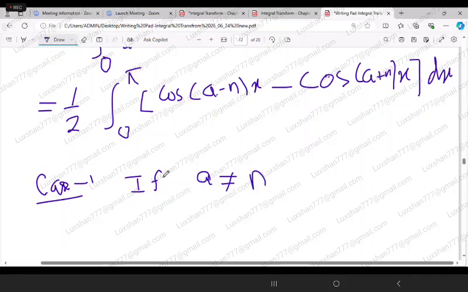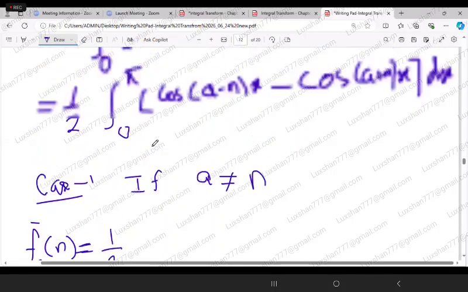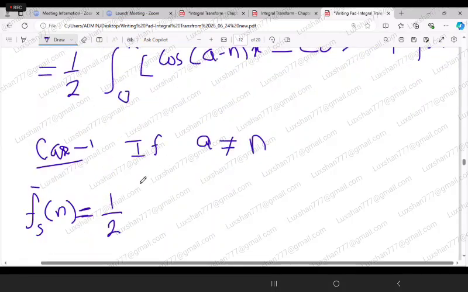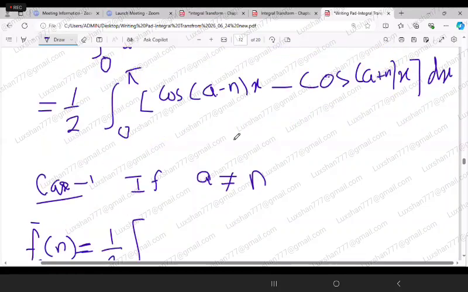Then this integration, F_s of n, becomes half times. What is the integration of cos (a minus n)x? Can anybody tell me?